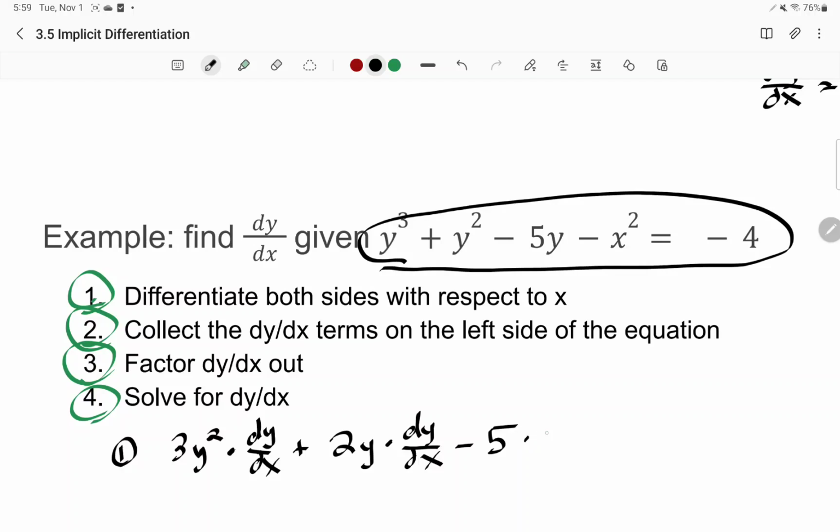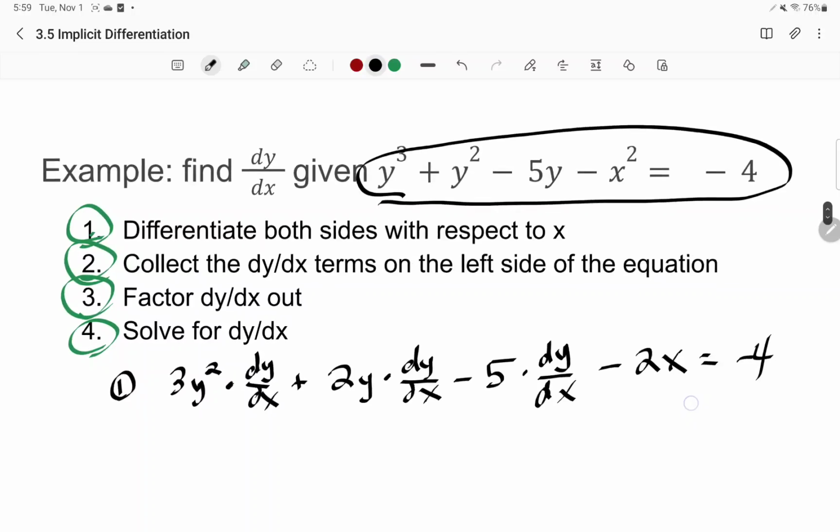And you have to do the dy dx here. That's very important. Because remember, with the chain rule, even though that's y to the 0 inside, the inside function didn't change. You still have times dy dx, or the derivative of y. Then minus 2x is equal to negative 4.